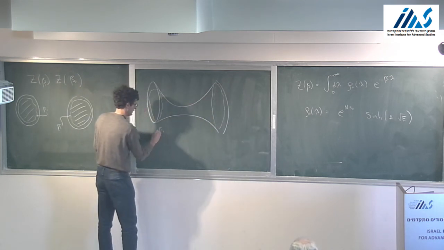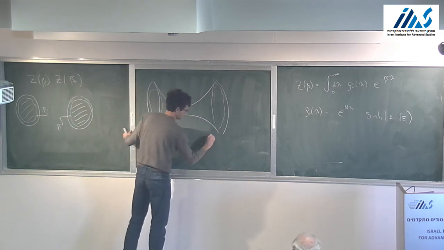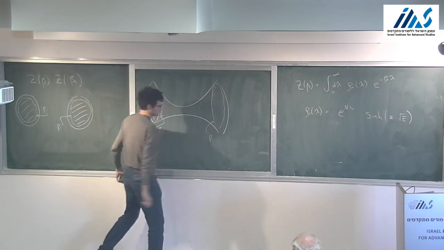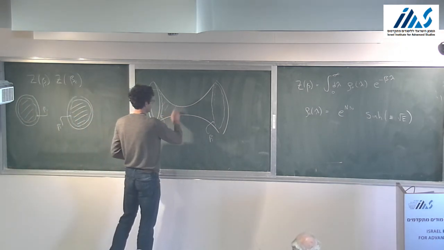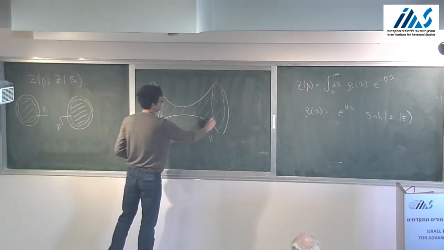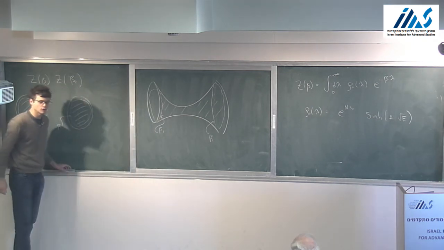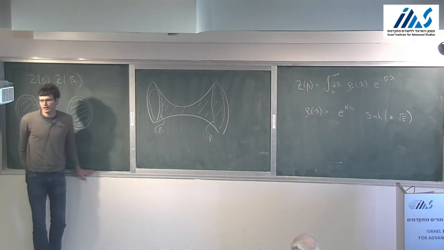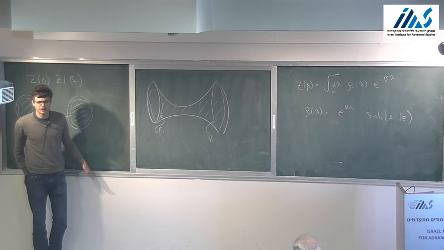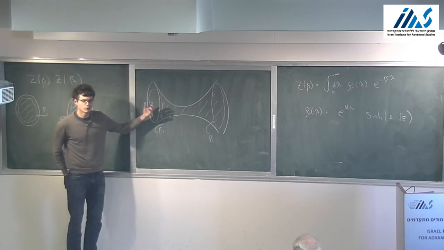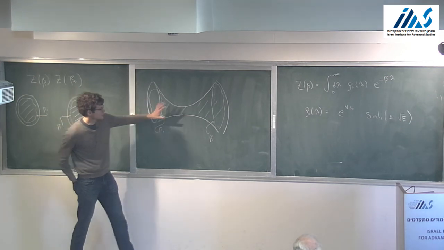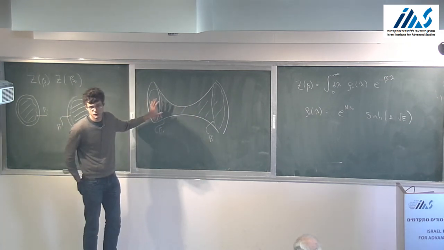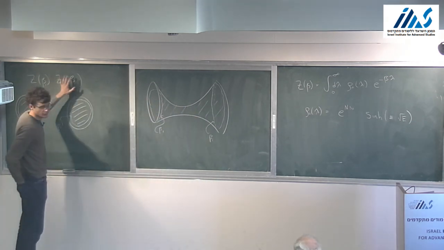This one will have length proportional to beta 1, and this will have length proportional to beta 2. And now the manifold we take is the thing in between these two boundaries. And at least qualitatively, this seems to be on the right track, because this is a configuration that makes sense if we have two replicas, but wouldn't make sense if we had one. And it describes a correlation between the two partition functions we have, Z of beta 1 and Z of beta 2.